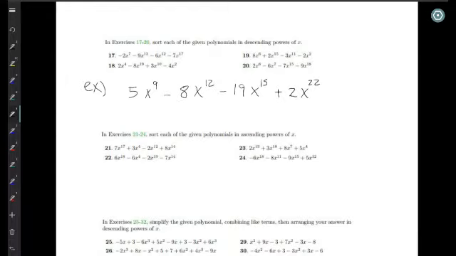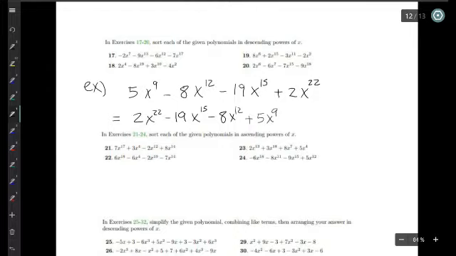So descending means left to right, highest degree first. And so here we have 2x to the 22nd, and then minus 19x to the 15th, then minus 8x to the 12th, and then plus 5x to the 9th.